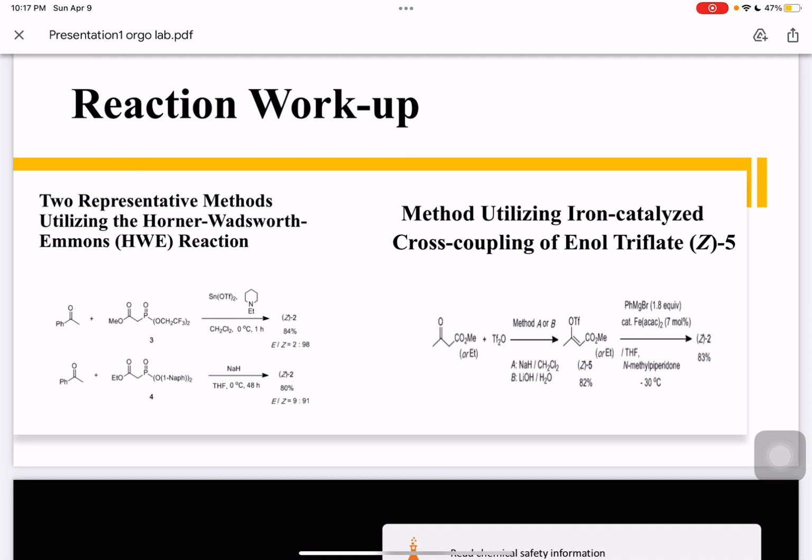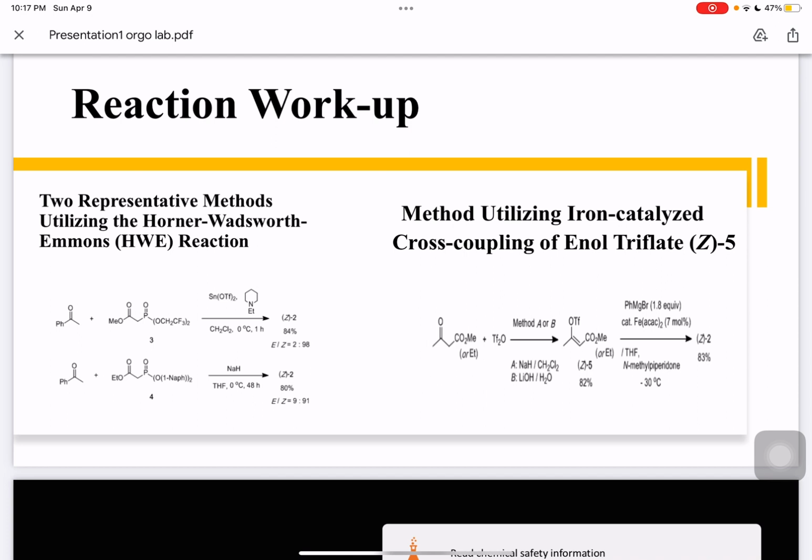Also, Tf2O is highly toxic and hazardous, with a low boiling point and a violent reaction with water. So enol triflate Z5 is an oil, but its stability to distillation purification is unknown, so it's purified using only flash column chromatography.